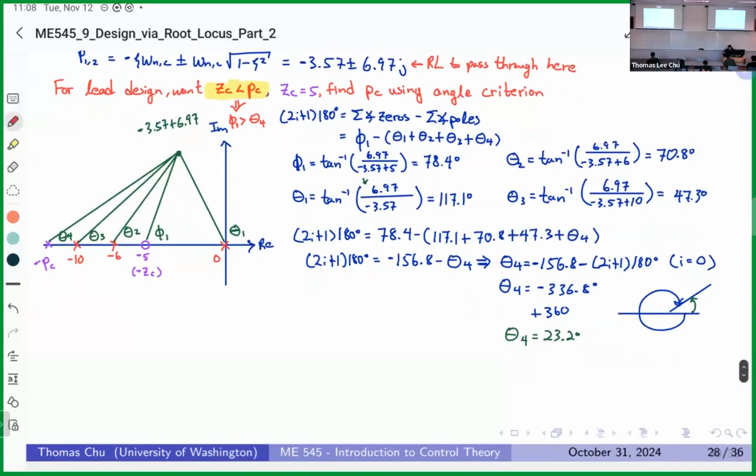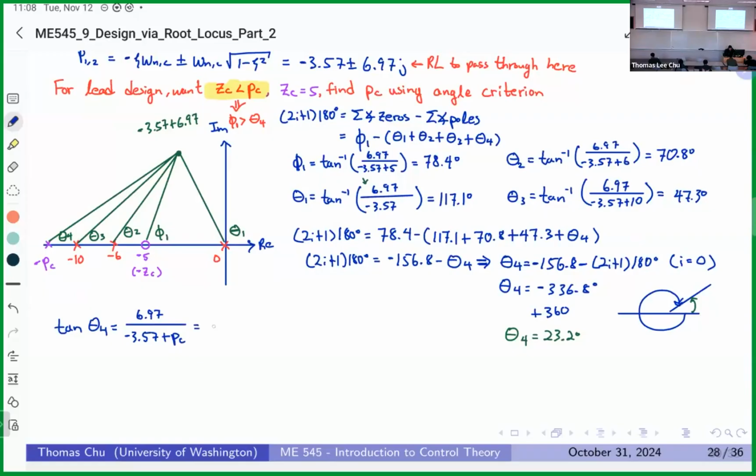Okay, so now that we have that, we can find our pole location. So tan theta 4 is going to be equal to our reference point, which is on the vertical component, 6.97, minus the pole location, which is at 0, divided by minus 3.57 minus PC, so that's plus PC.